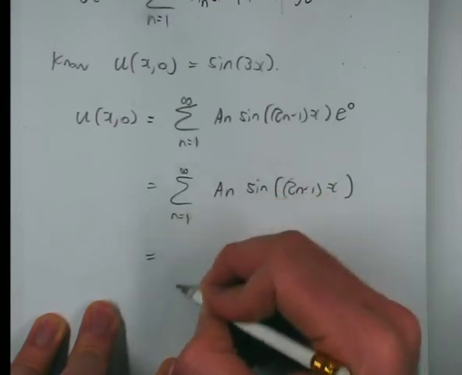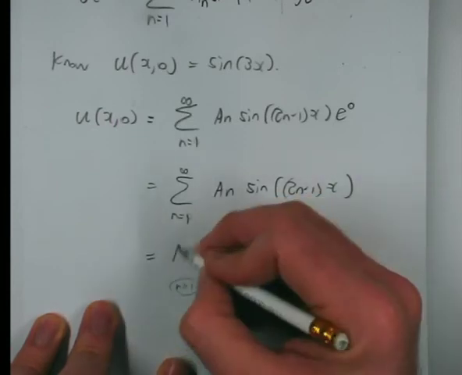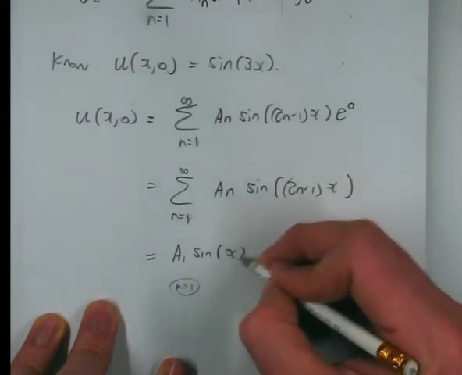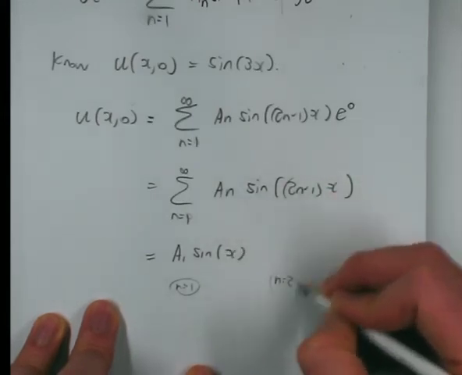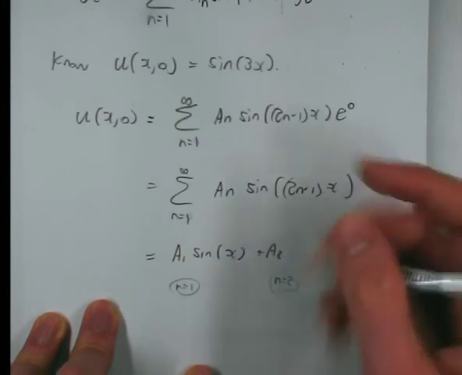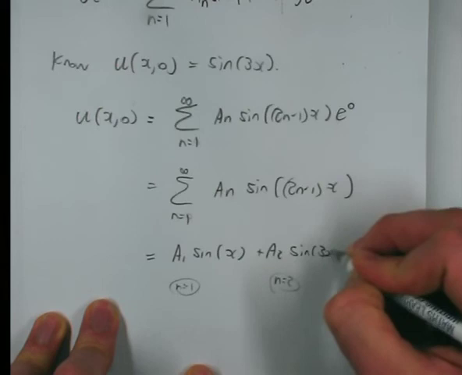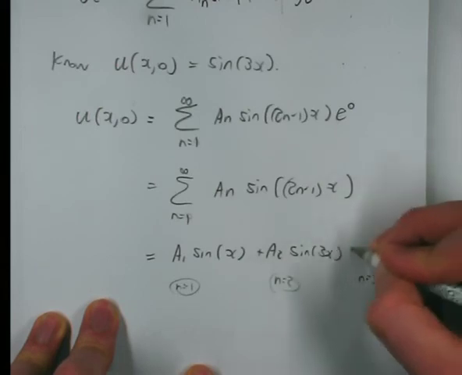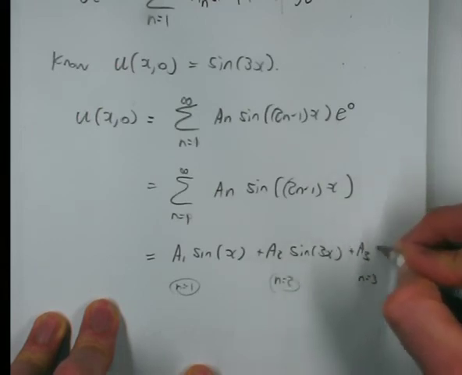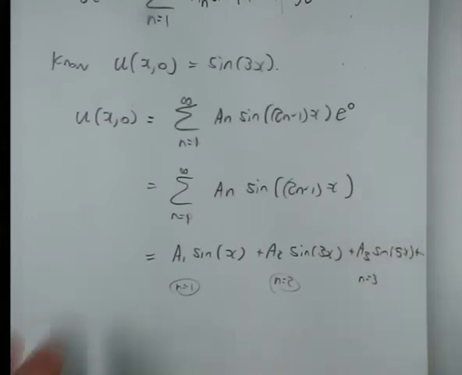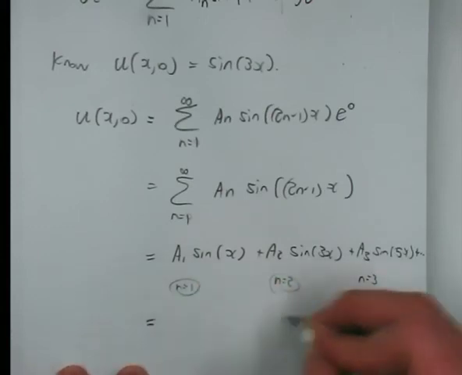So when n equals 1, I get a1 sine of 2 times 1 minus 1, which is 1x. And when n equals 2, I get a2 sine of 2 times 2 minus 1, which is 3x. And when n equals 3, I get a3 sine 5x, and so on. And this is supposed to be equal to sine 3x.